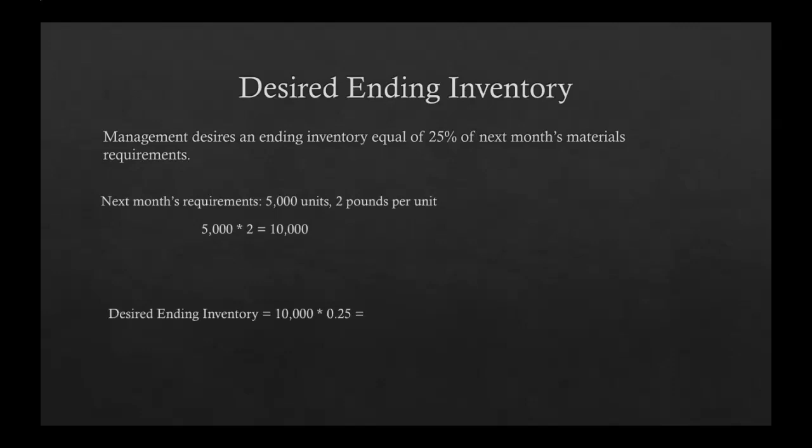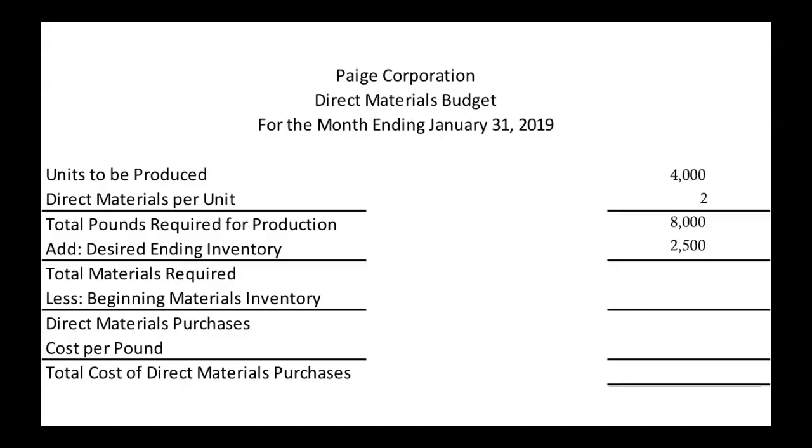So we want a desired ending inventory of 25% of that. So 10,000 times 0.25 gives us a desired ending inventory of 2,500. So we can toss that into our desired ending inventory in our direct materials budget.